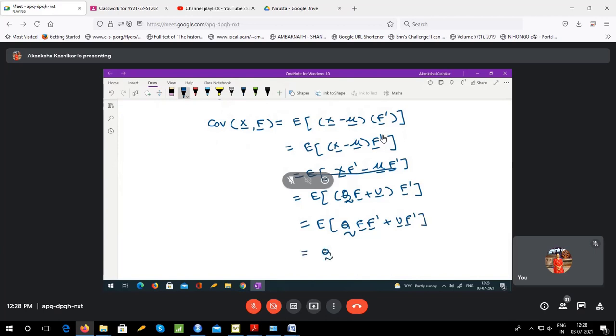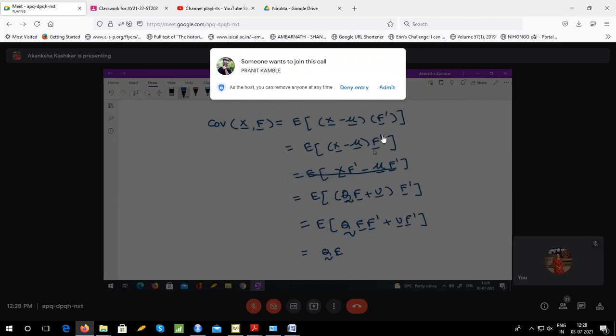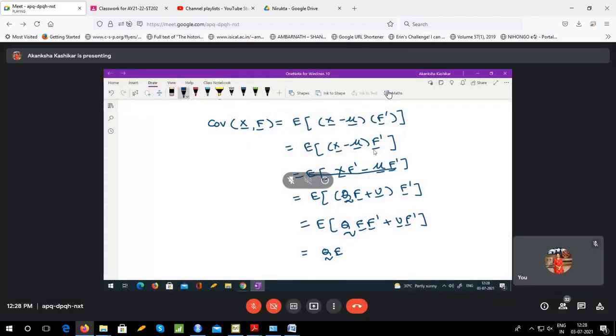So this would be Q into expectation of ff prime plus expectation of uf prime, because u is also random whereas Q is constant.